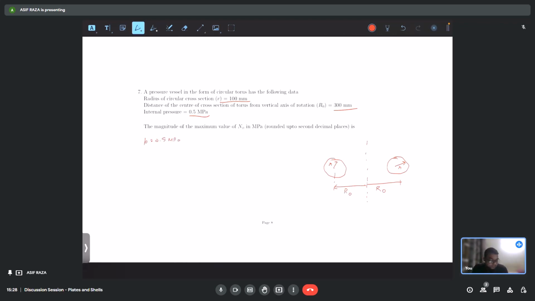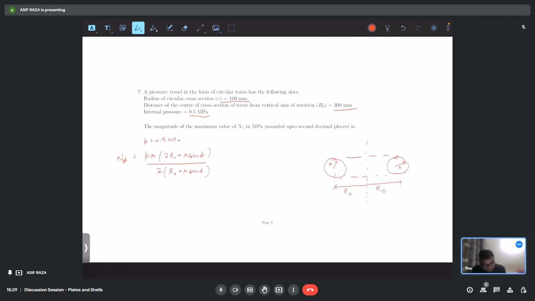So for a torus, we have n phi. It is given by the relation n phi as P R into 2 R0 plus R sin phi upon 2 R0 plus R sin phi.